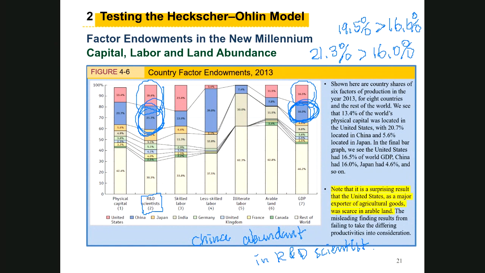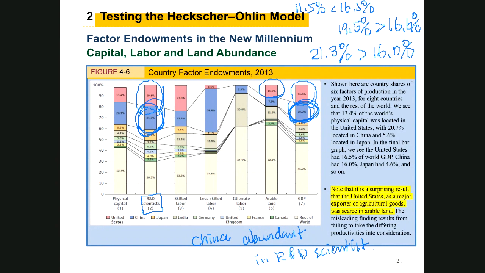But this does not seem very reasonable. If you look at another example in agriculture, the share of U.S. arable land is 11.5, which is way lower than its share of the world GDP.